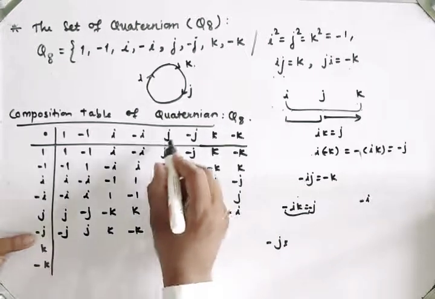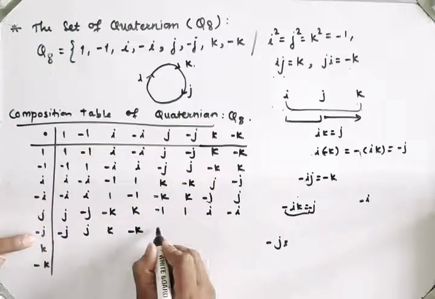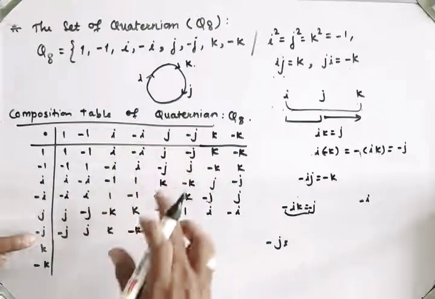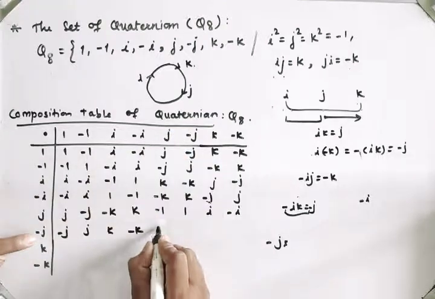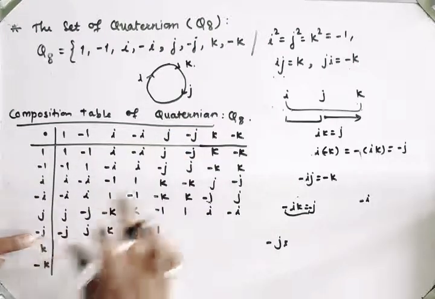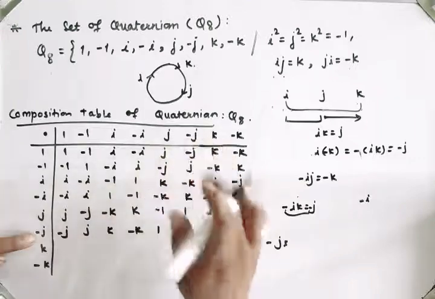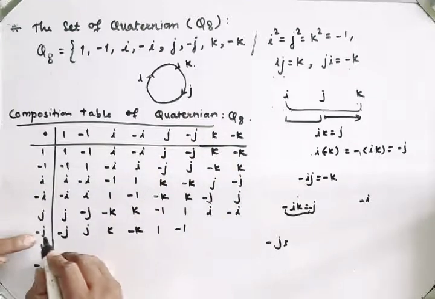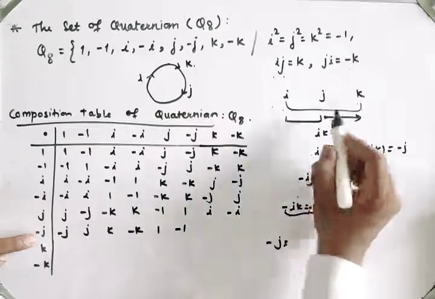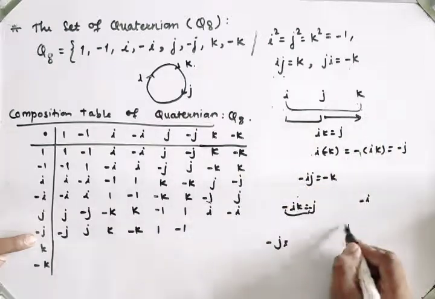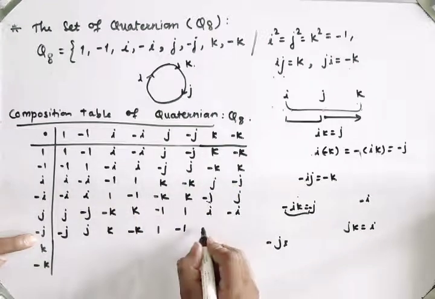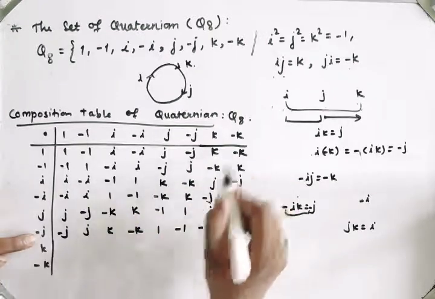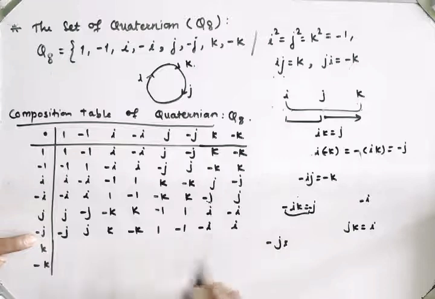Minus j into j, j square is minus 1, minus 1 into minus 1 is 1. Next minus j into minus j, minus minus plus, j square is minus 1. Minus j into k, j into k is i, so minus i. Next minus minus plus, j into k which is i.